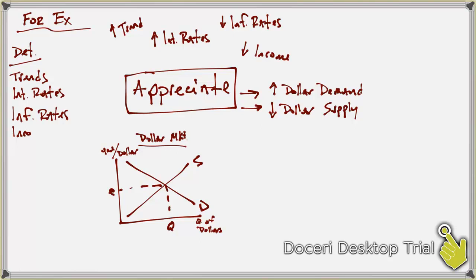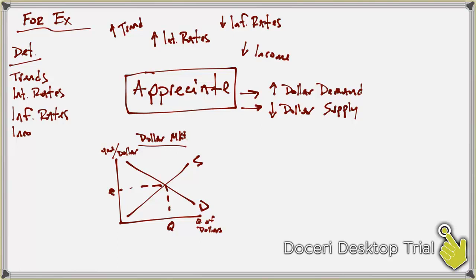So dollar market, dollar goes in the bottom, dollar goes in the bottom up top. Okay? And this tells me the yen price per dollar. Really is what we're getting at. This is the yen price per dollar. So if the yen price per dollar is changing, then the dollar is either going to gain value or lose value.